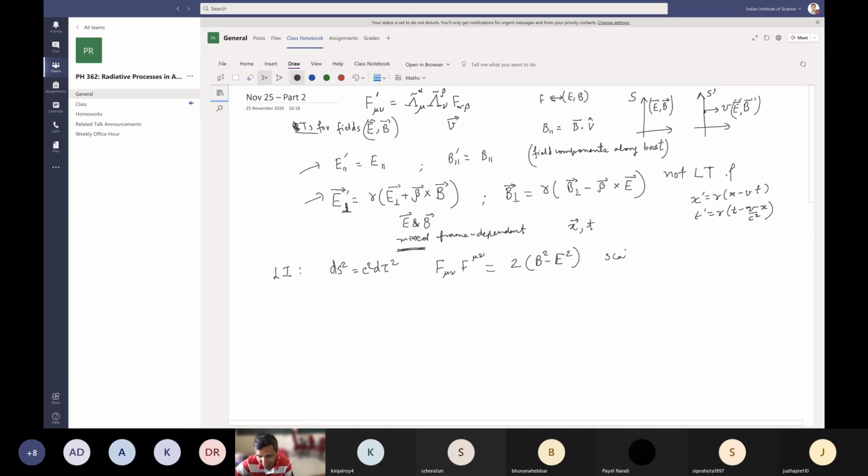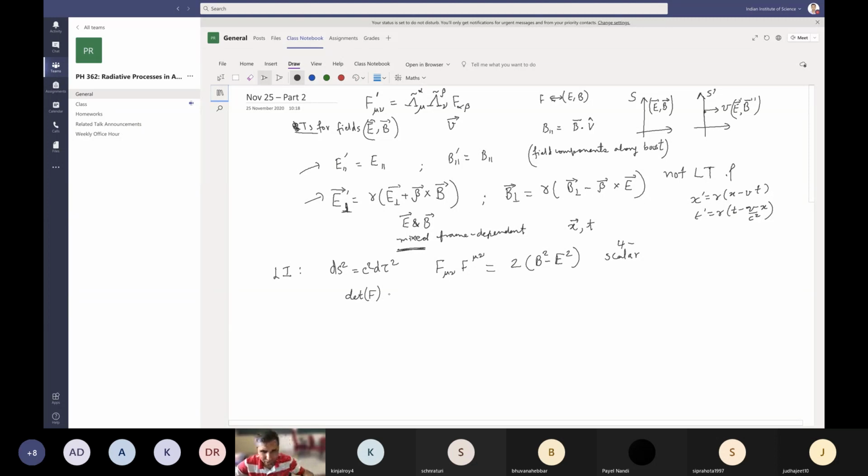It's a scalar basically. Its value remains the same in whatever frame you choose to look at it. Similarly, the determinant of F, right? The determinant of a matrix is a number. So this again is a Lorentz invariant because it's a number.